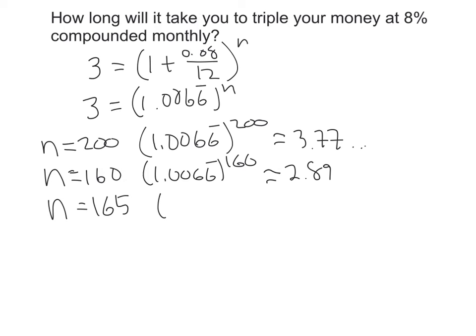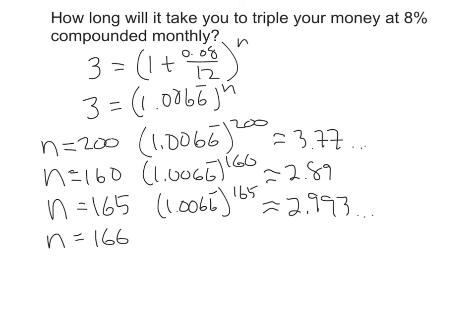So that means 1.0066 repeating to the 165th power gives us 2.99, it turns out, 3 something, so just below it. So let's guess 166 and see if we get lucky. Looks like we've narrowed it down pretty quickly here.